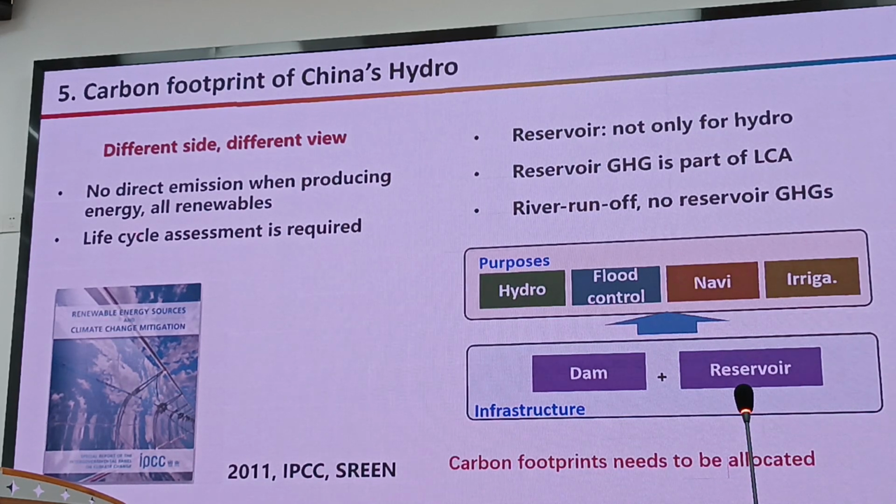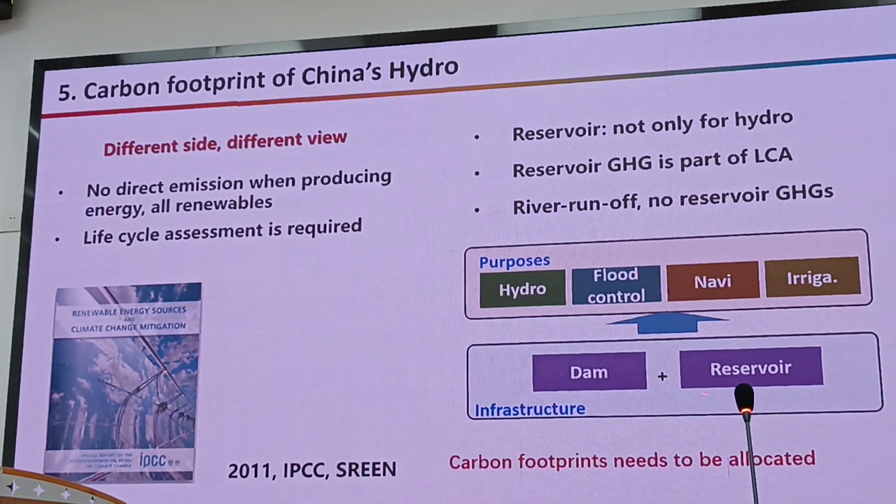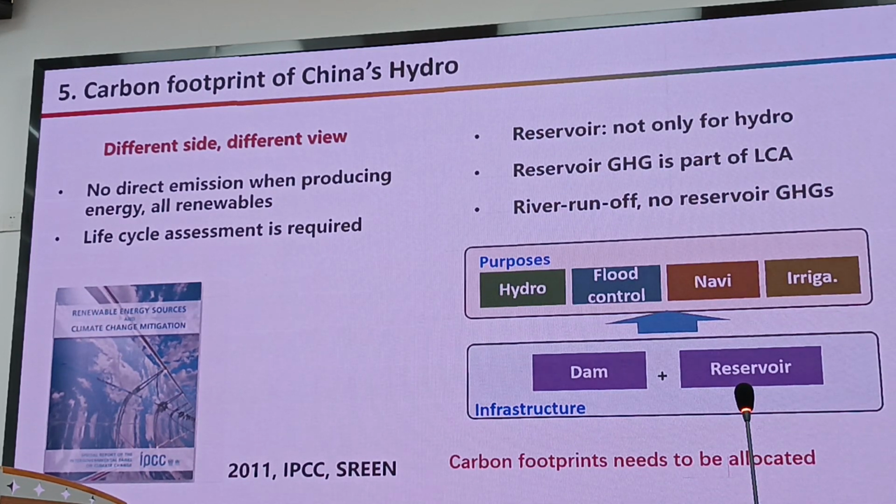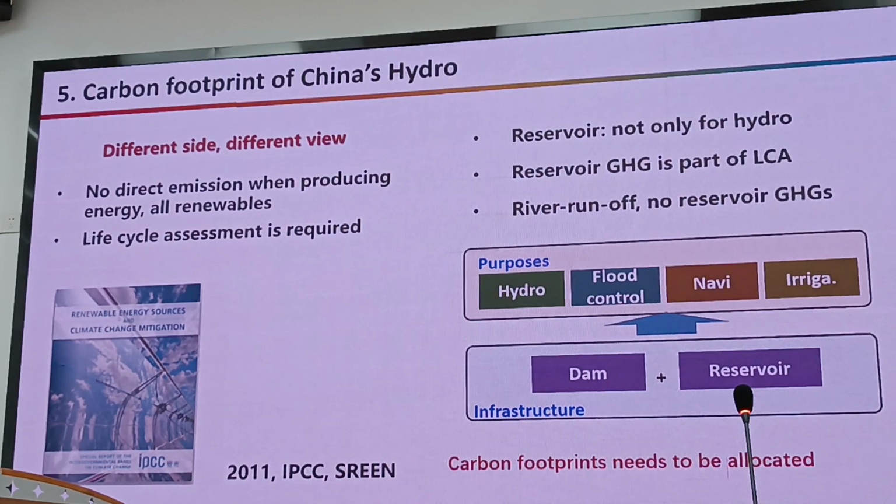But the life cycle assessment needs to be considered. Reservoirs are also infrastructure. Not all reservoirs are for hydropower production; other reservoirs are for fish, water supply, or other purposes. The reservoir greenhouse gas emission is a part of LCA.